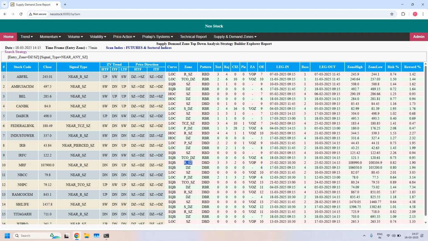Next, second one is MRF. And the third one is Ramco Cement. And the fourth one is Titagarh.